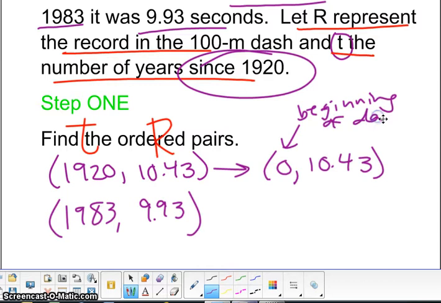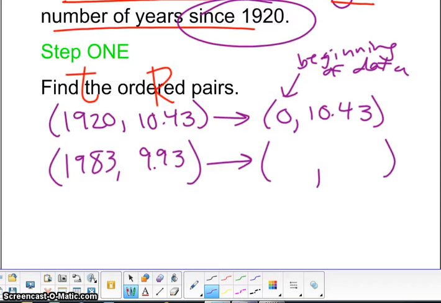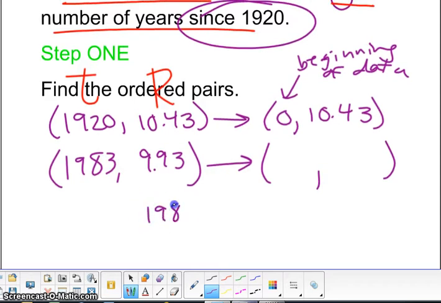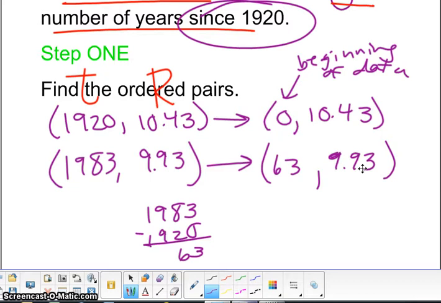Then the second ordered pair represents how many years later. To find out, we can take 1983 and subtract 1920 to get 63 years later. The time had gone down to 9.93 seconds.